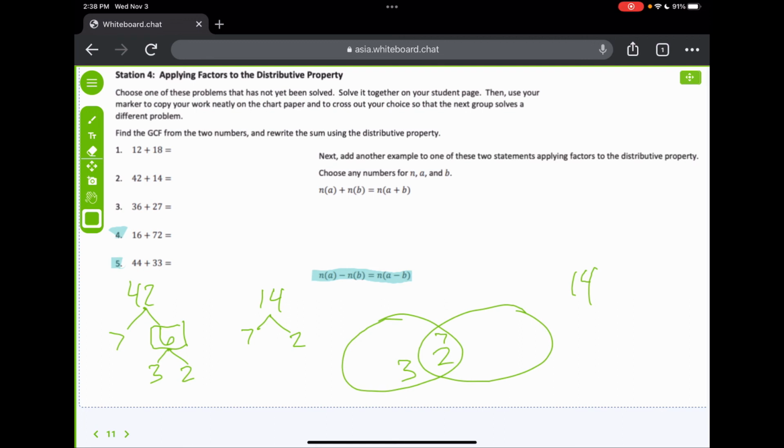And so if we do that, then we're going to come up here and say 7 times 6 plus 7 times 2. And then 7 times 6 is 42 plus 14, which is exactly what we got right here. So we know that that's going to equal 56. So that all works out.